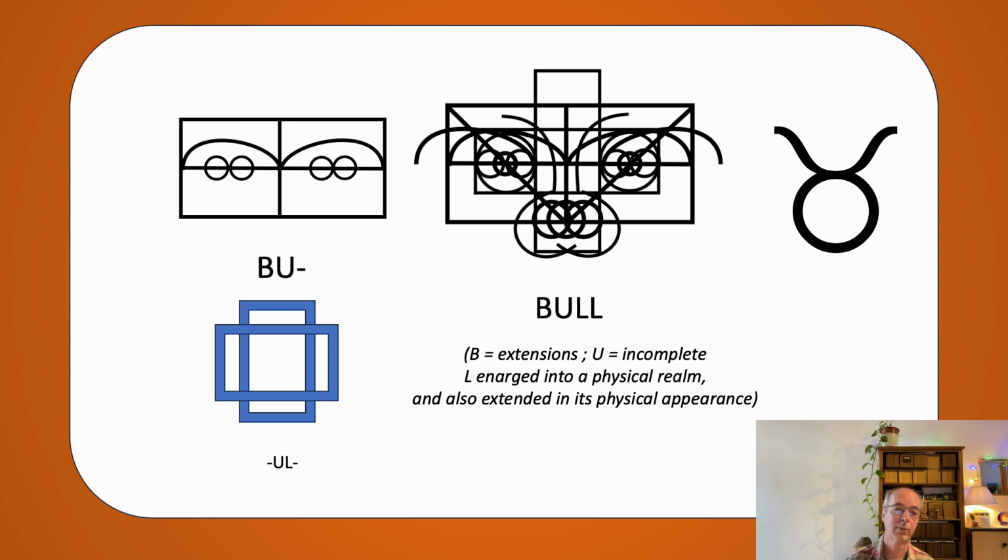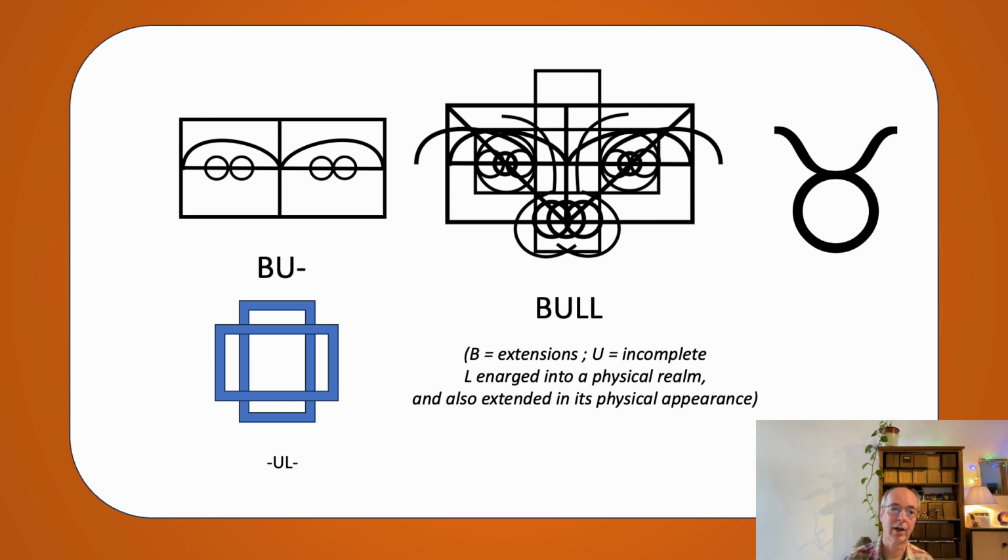This reminds me very much of the astrological sign of the bull, because this is really the focus again on what you know, what you don't know, what you have, what you don't have, but putting everything into a physical aspect.